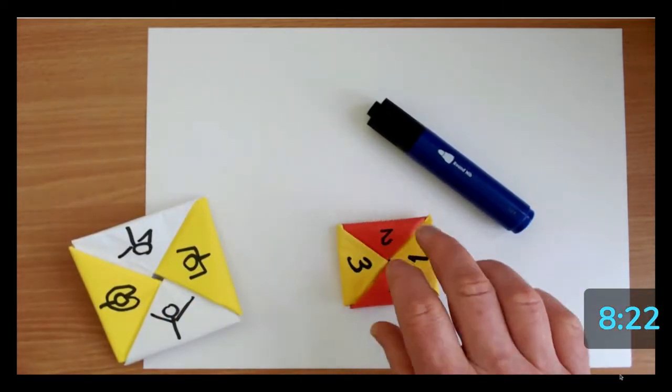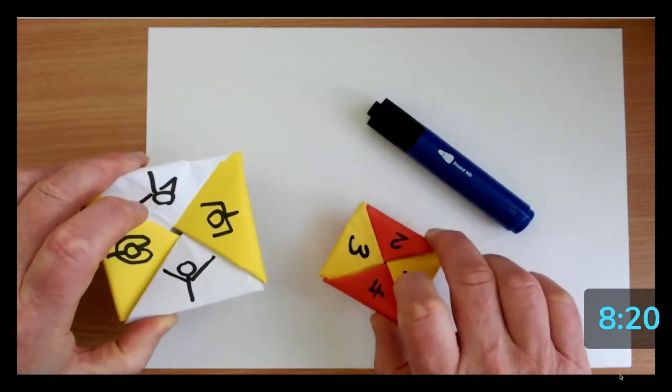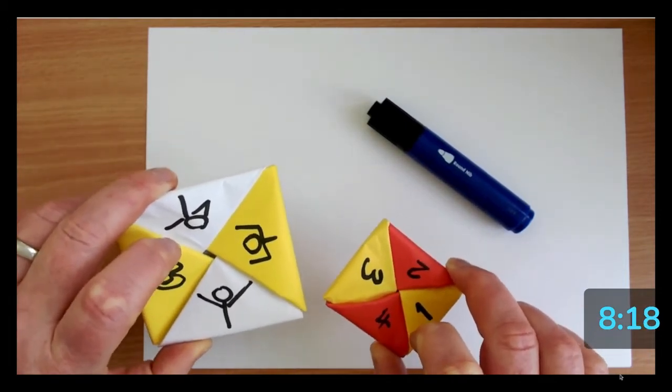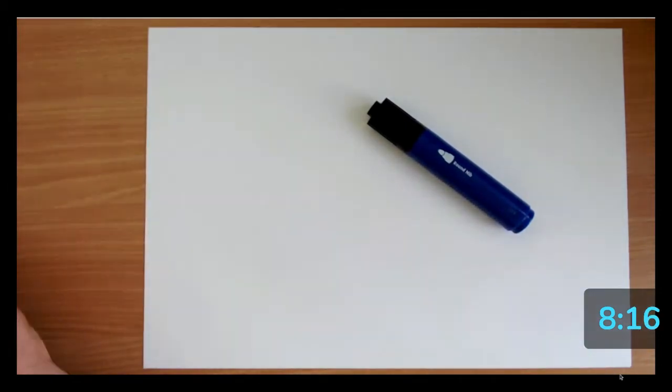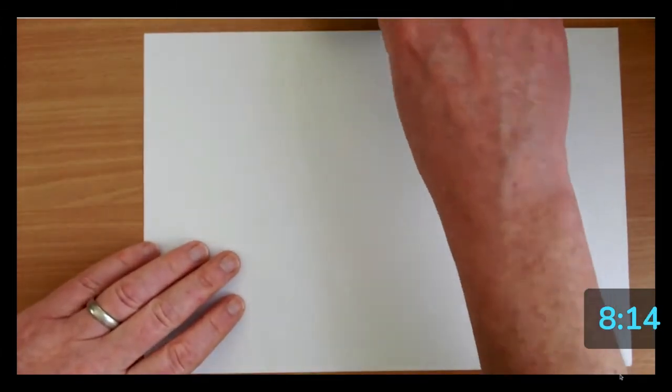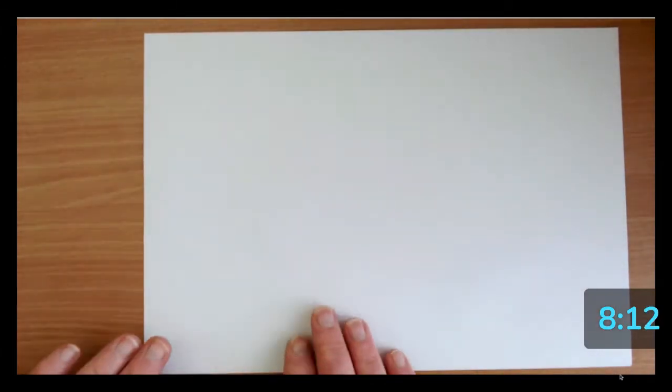Now I made these out of card and paper, and it was quite hard to fold the card. So what I'm going to recommend to you today is let's use just some A4 plain paper. Now you can either use 2 sheets of paper, okay, and make your spinner from those 2 sheets, or if you want, you can tear one in half, and that's what I'm going to do now.